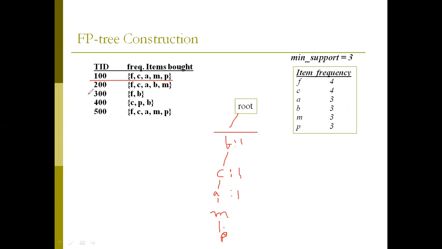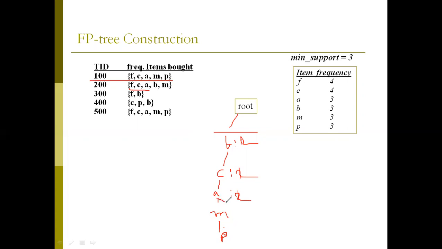After completion of this, move to the second transaction. The second is F C A B M. FCA: F is visited 2 times now. So F value is 2, C value is also 2, A value is also 2. Next B, M. From A to B, we didn't have any direct connection, right?